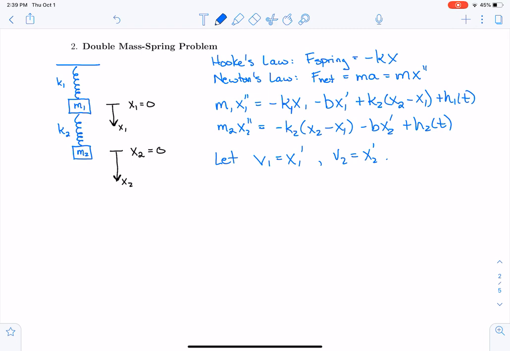Now, if we do this, then we can rewrite our system. We can think about it as being x1 prime equals v1. And then what is v1 prime? v1 prime is actually x1 double prime.